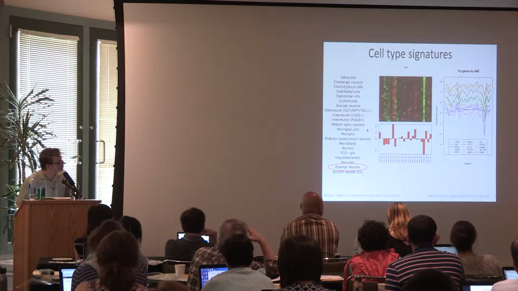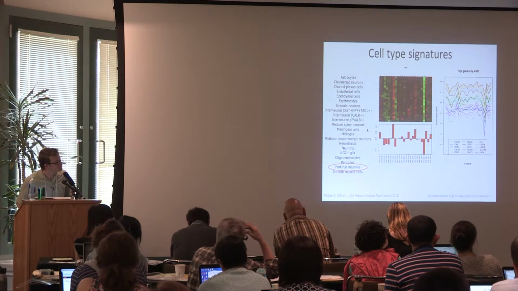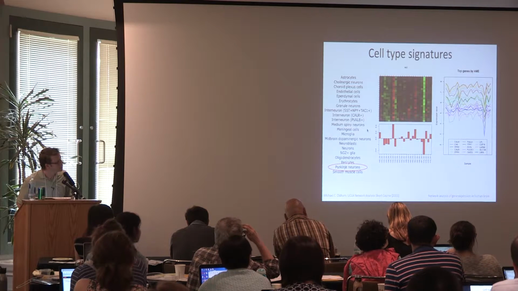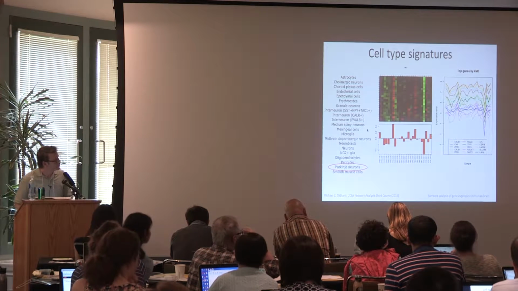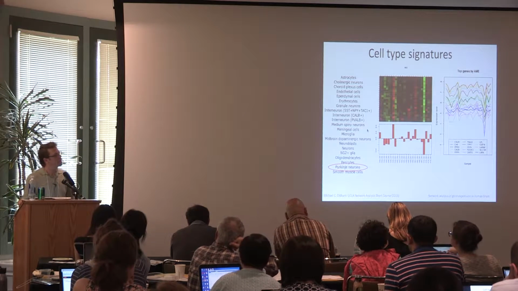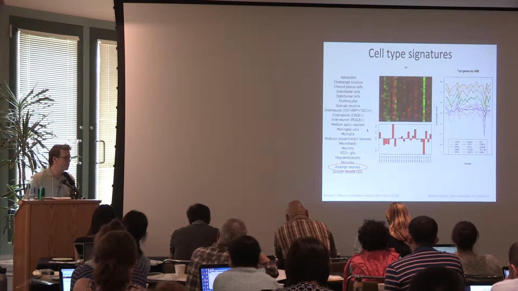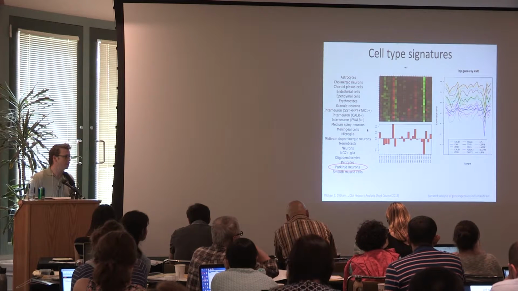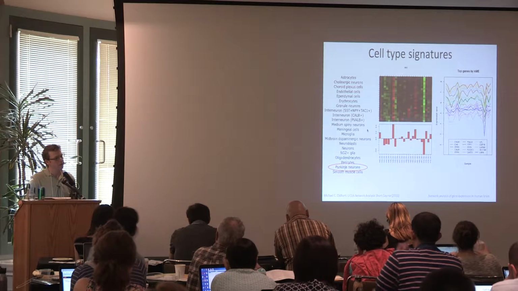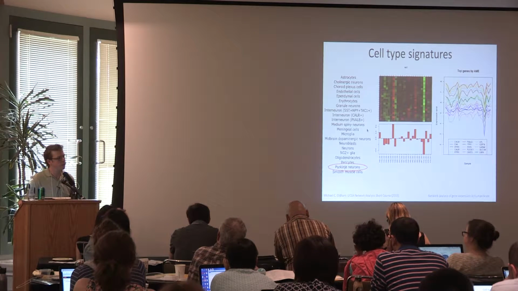In this case, you start with the previously published gene set to annotate your networks? In some cases, when available, yeah. Sometimes we just know. How do you know that a particular module represents astrocyte without prior information? Right, yeah. So we use that as the hook, right?